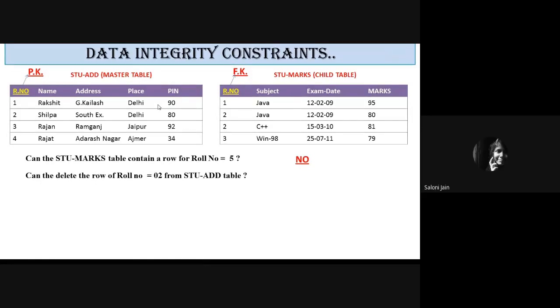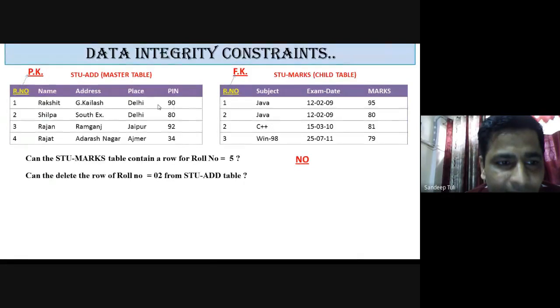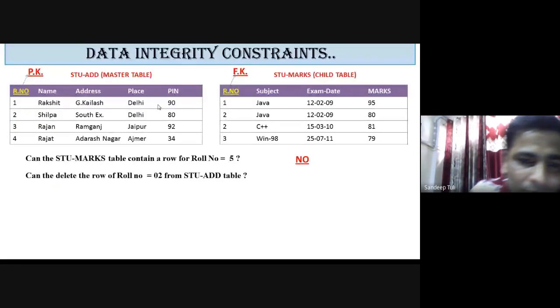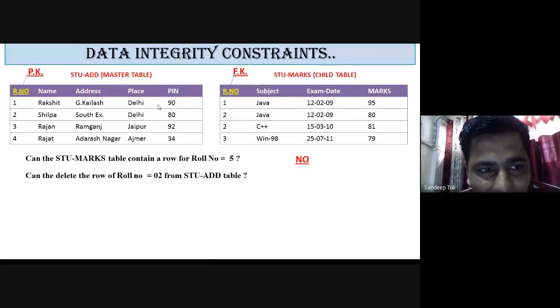Then you can delete the primary key in the master table. That is the meaning of cascade delete. If I want to delete 2, then first it needs to be deleted from the child table, and only then can I delete it from the master table. That is the meaning of cascading delete. So the answer is again no.